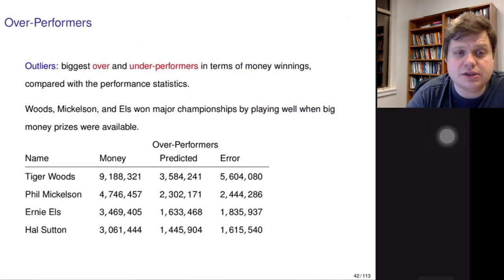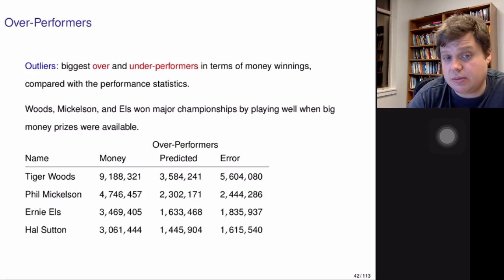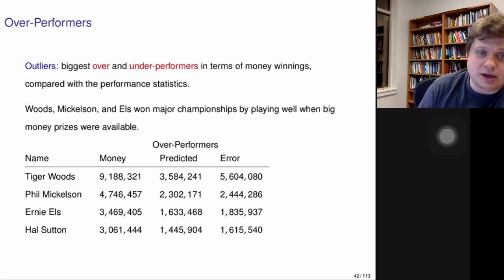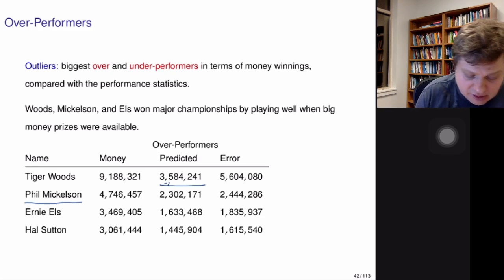So let's look at the residuals and try to look at the overperformance. Overperformance means that the person made much more money than was predicted by the model. And again, the model predicts the amount of money based on the technical skills of the player. The model predicted Tiger Woods was supposed to make $3 million. If you look at the second best, Phil Mickelson, the model predicted 2.3 million.